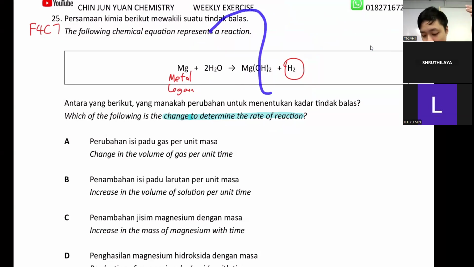In each 30 seconds, you measure how much volume of H2 produced. So we focus on the volume of H2. So the answer is A. Change in the volume of gas per unit time.